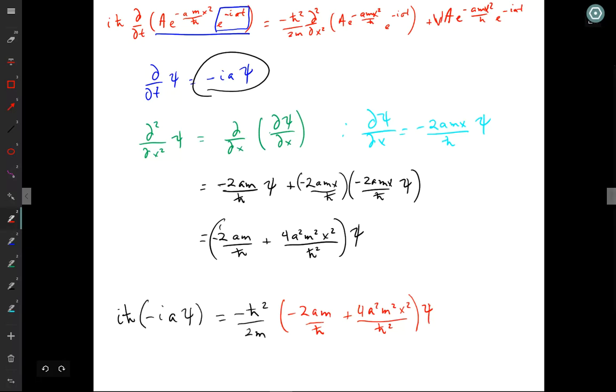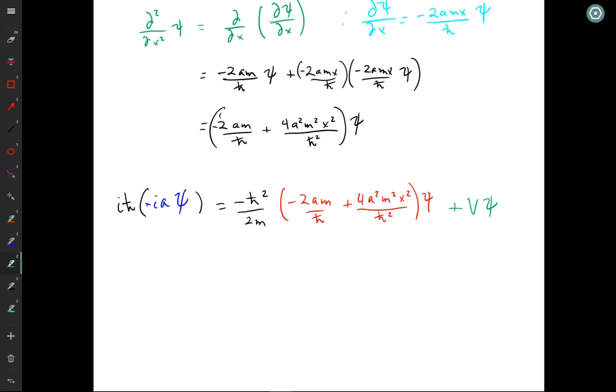So there in red is the second derivative with respect to position. I'll make the first derivative with respect to time blue: minus ia psi. And then finally, plus V psi. Notice I wrote out all the psi stuff, but I didn't actually use that. I did my derivative separately, and now I have three functions, all with psi in them.